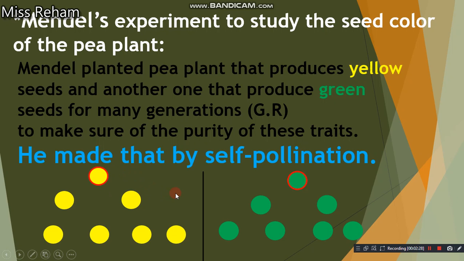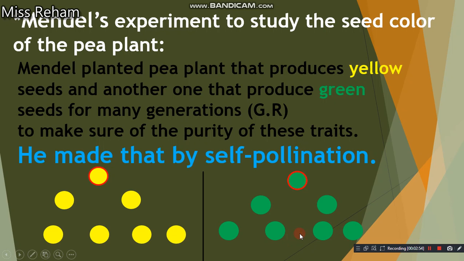From this experiment, Mendel observed that the plants that have yellow seeds produce plants with yellow seeds generation after generation, and also plants that have green seeds produce plants with green seeds generation after generation.